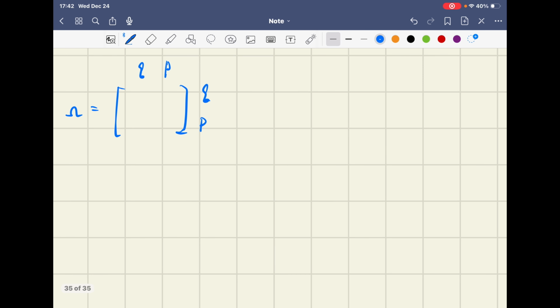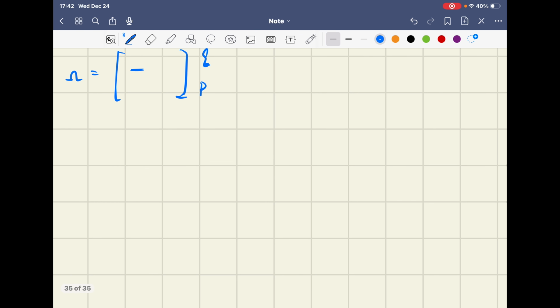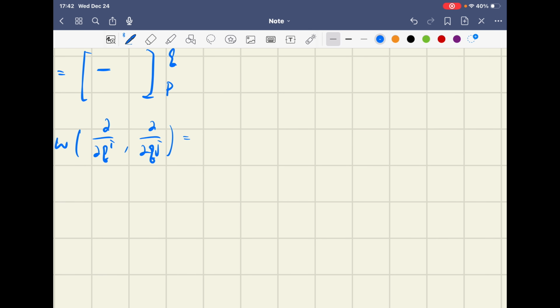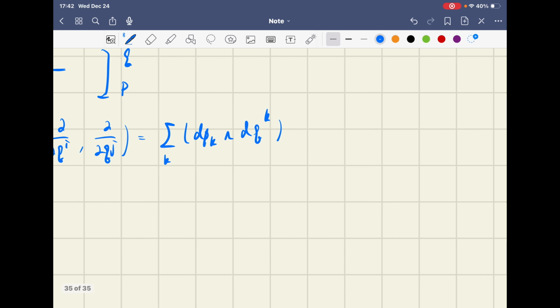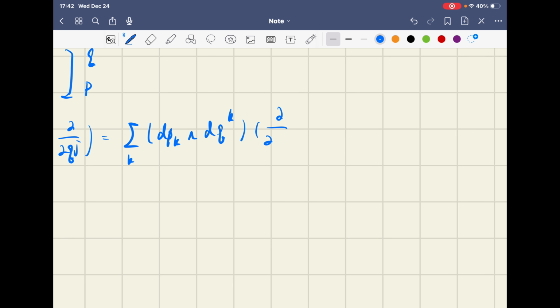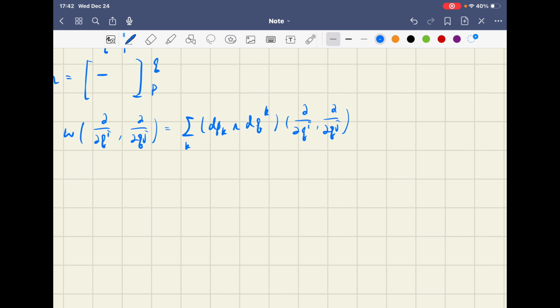So let's first look at the QQ block, and let's put the two basis vectors in, which are the partial of Q, let's say I, and the other one J. Let's see how it goes by directly putting the values in. Here's dP_k, with another index K, wedge dQ^k, applied to the partials of Q_I and Q_J.